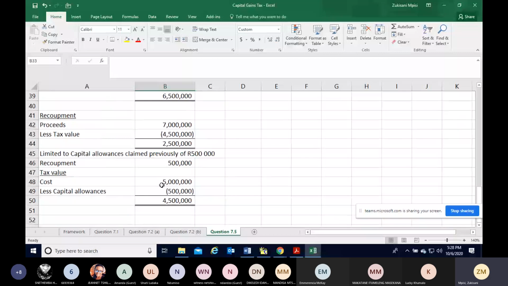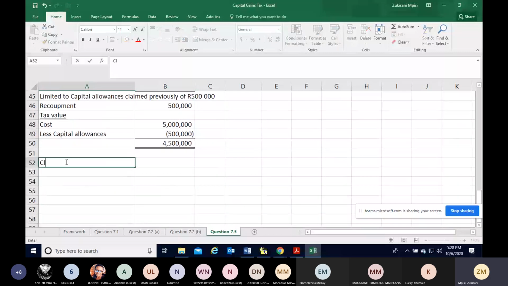Now we need to go to calculation number 2, which is adjusted base cost. To calculate base cost, we need to look at what is making up the base cost.